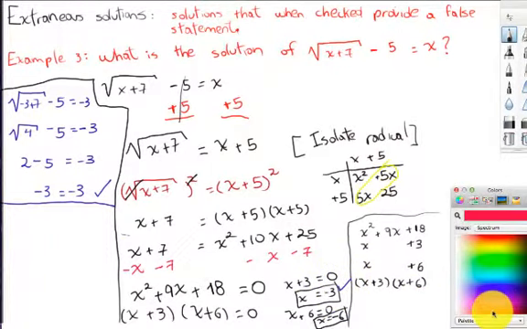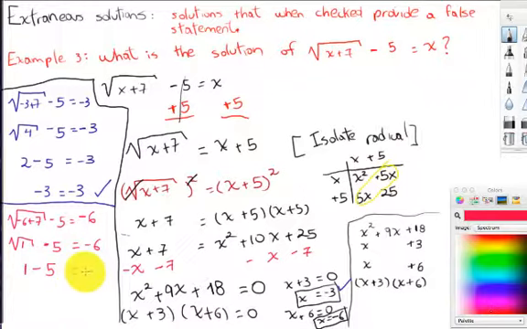So let's go ahead and check the next one. I do the same thing. The square root of negative 6 plus 7, minus 5, should give me, in this case, negative 6. Negative 6 plus 7 is 1. So the square root of 1 is just 1, minus 5 equals negative 4.